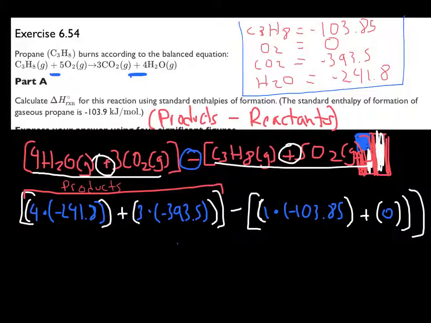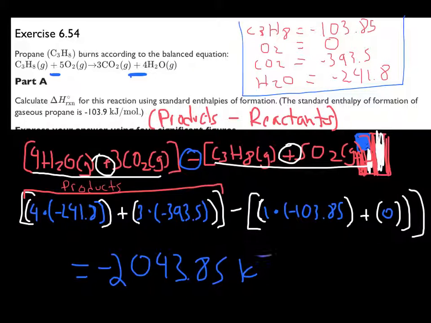So when you guys did this out, I got a value of roughly, let me just look for it again. I got a value of negative 2043.85. Now, what would the units be?